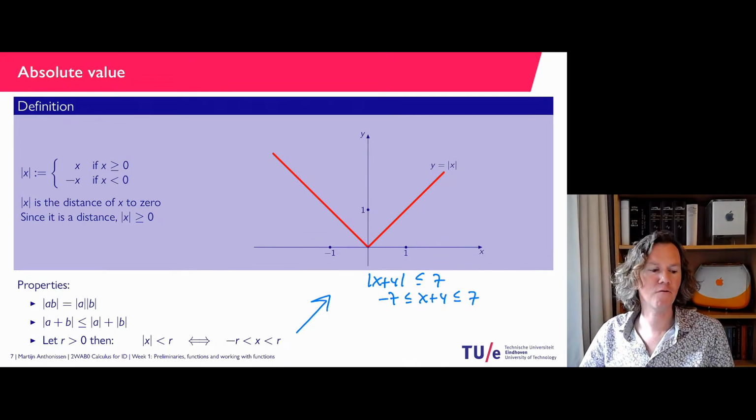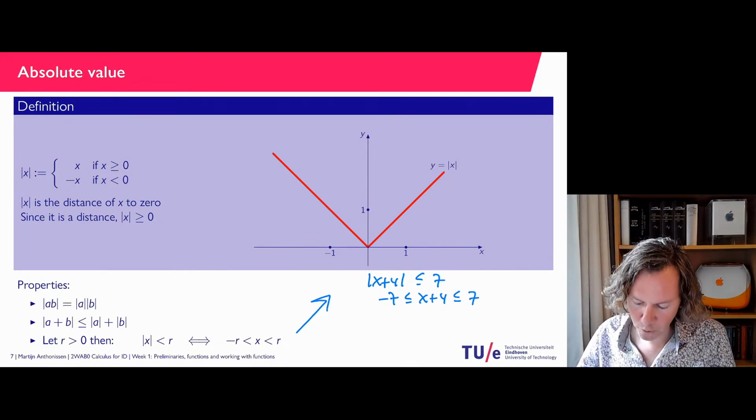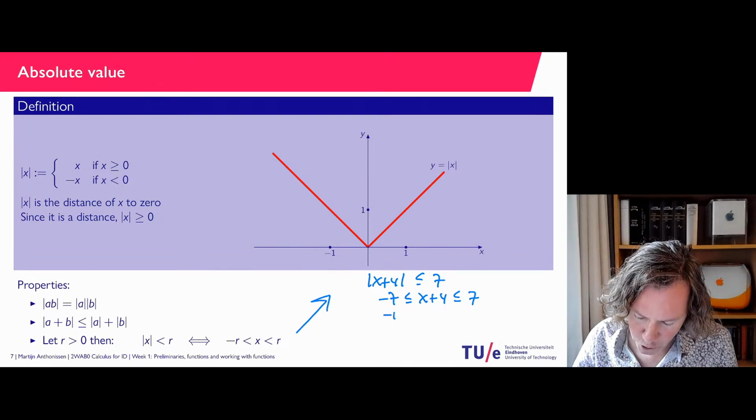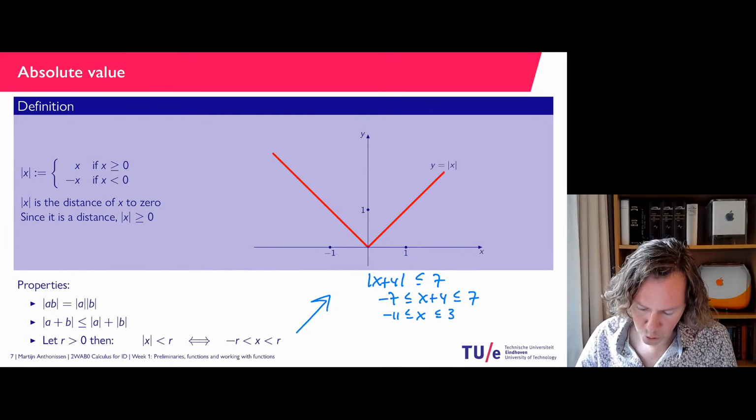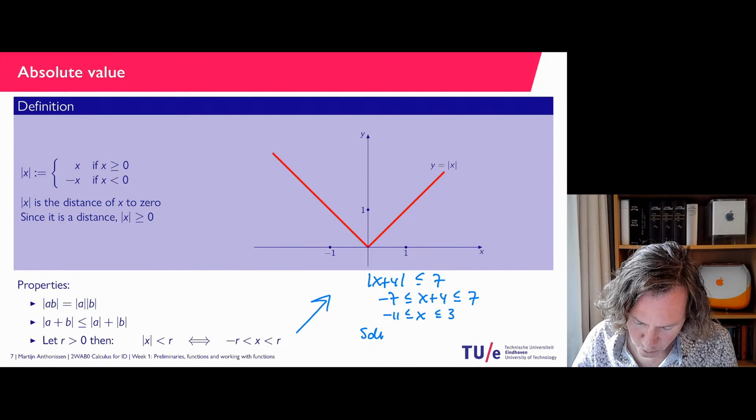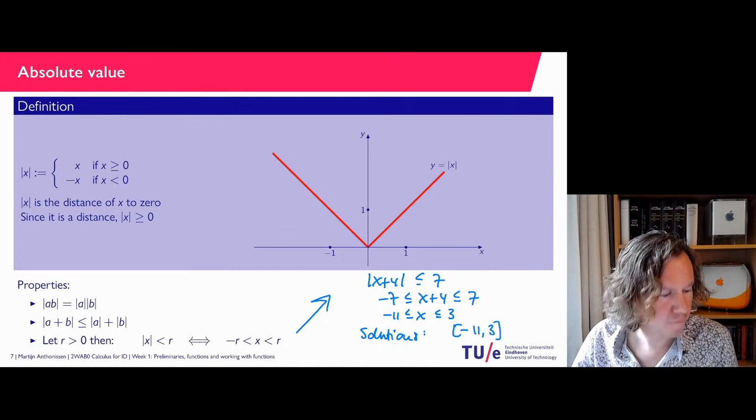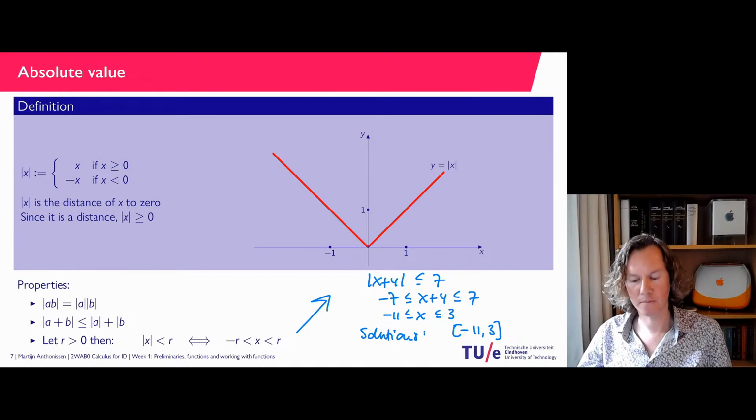And then it's like before, you subtract 4 from all terms: minus 11 less or equal x less or equal 3. So you see that the solutions are all x in the interval from minus 11 up to 3.